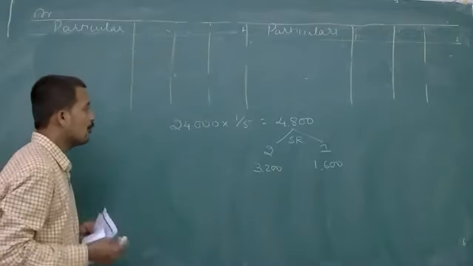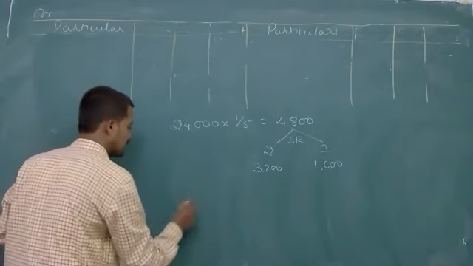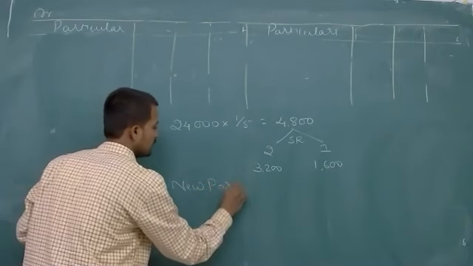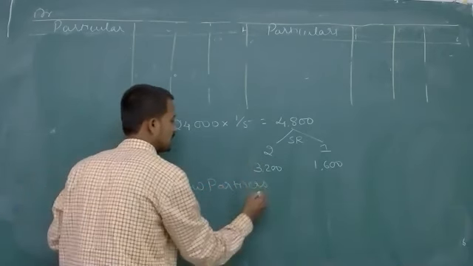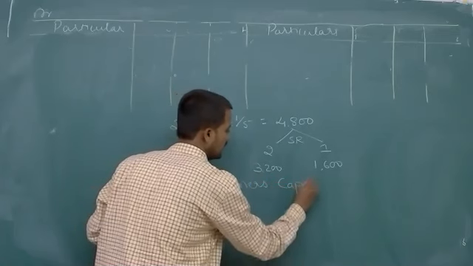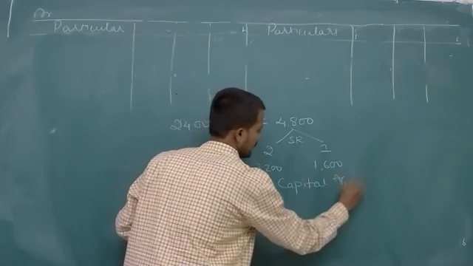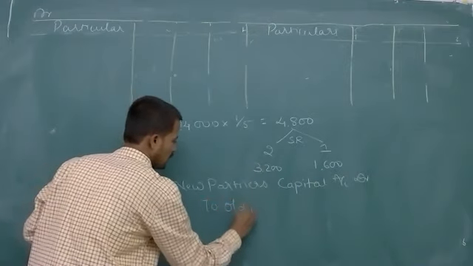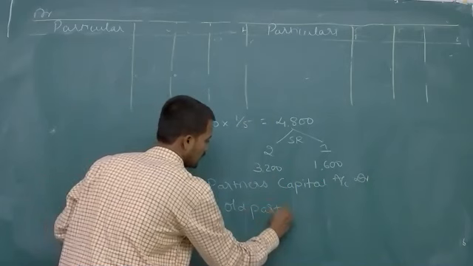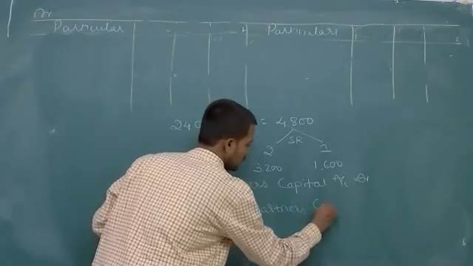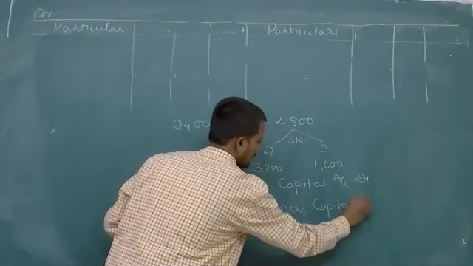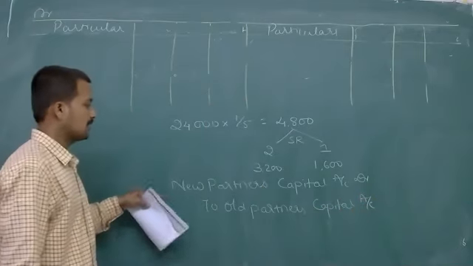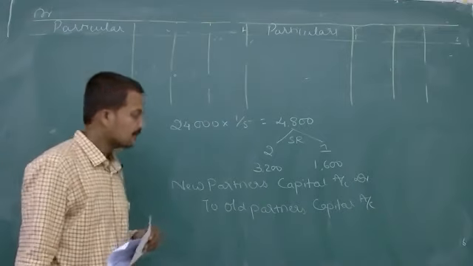So here we pass the journal entry: new partner, because he is gaining on admission, new partner's capital account debit to old partners' capital account. It's a universal entry, and the same entry we pass in retirement also, but there the names will be different.